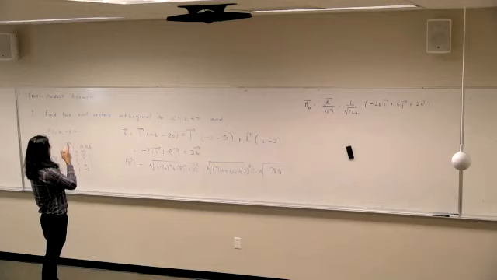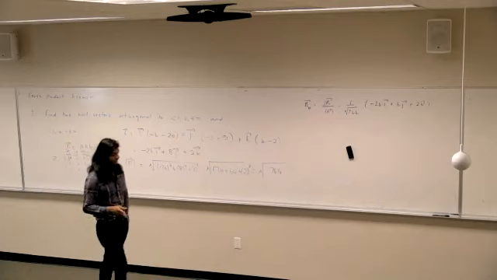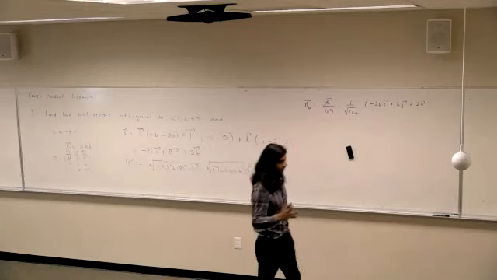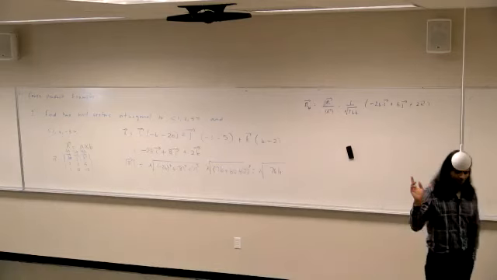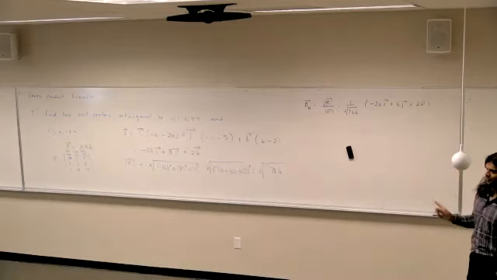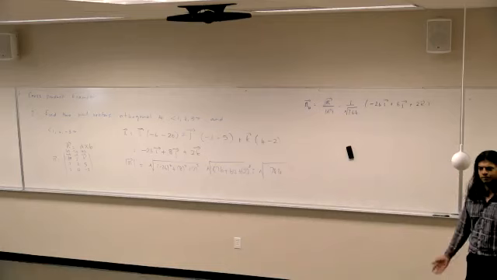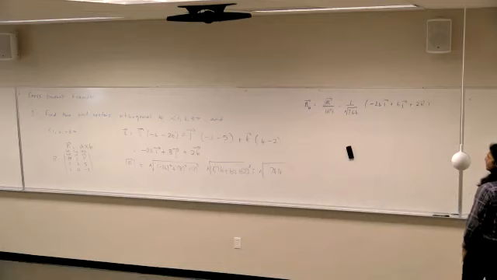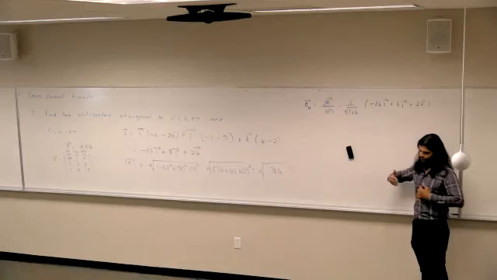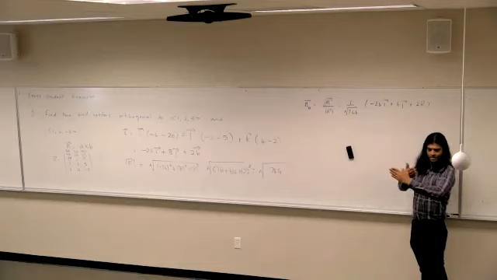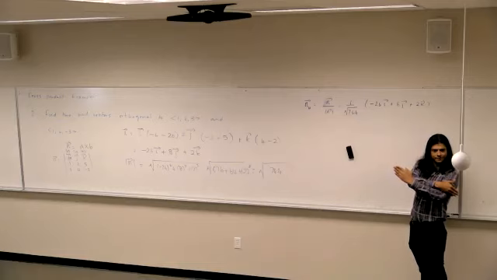Great. Problem says find 2 unit vectors orthogonal to those 2 vectors. We found 1. How do we find the other? Multiplied by -1. Why? Because that'll flip the directions of I, J, and K. So if you have one vector that is orthogonal, the opposite side will also be orthogonal, right?